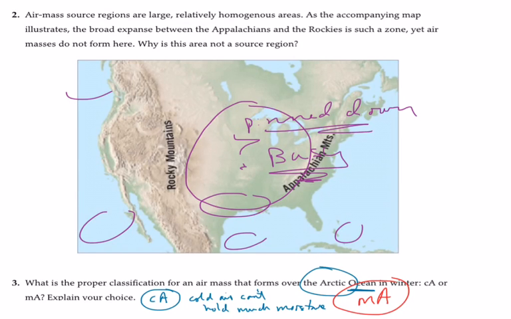So my hint there is kind of what I said before. Remember I said stable, what conditions did I tell you to put? Cool and dry, exactly. Perfect. What about unstable? Warm and wet.